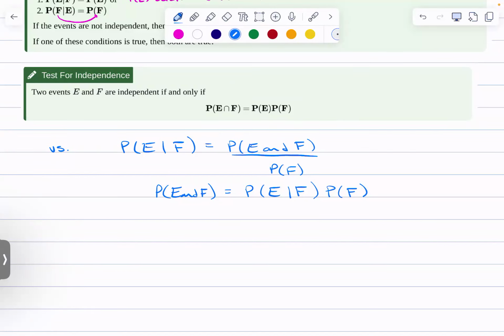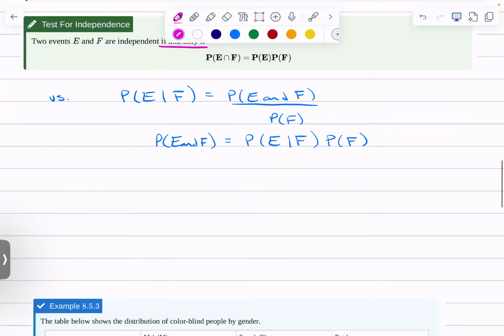That's how you will always be able to find the probability of E and F. Okay? But if and only if they're independent, this is equal to the probability of E, right? Have I used IFF maybe in logic a while ago? If and only if? IFF. Here's a little fun fact: IFF stands for if and only if. There.